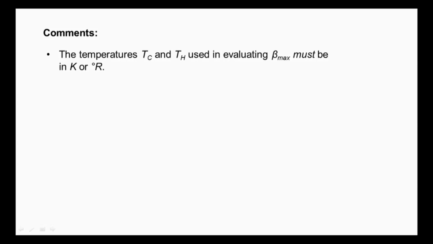To finish the solution of this example, I would like to make a few remarks. As mentioned earlier, the temperatures T sub C and T sub H used in evaluating beta max must be expressed as absolute temperature, namely in Kelvin or degree Rankine, as appropriate. This means converting the temperatures provided in degree C as a preliminary step.